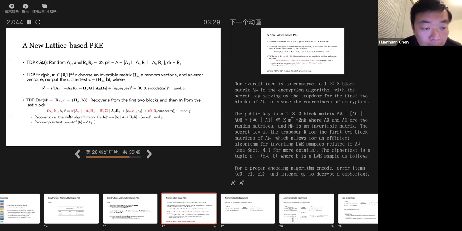We first call the Invert algorithm on the first two blocks to recover S. That is feasible because R1 is exactly the trapdoor for the first two blocks of A0 and minus A0 R1 plus H mu G. We first recover S from the first blocks, and then recover M by decoding from the last block.